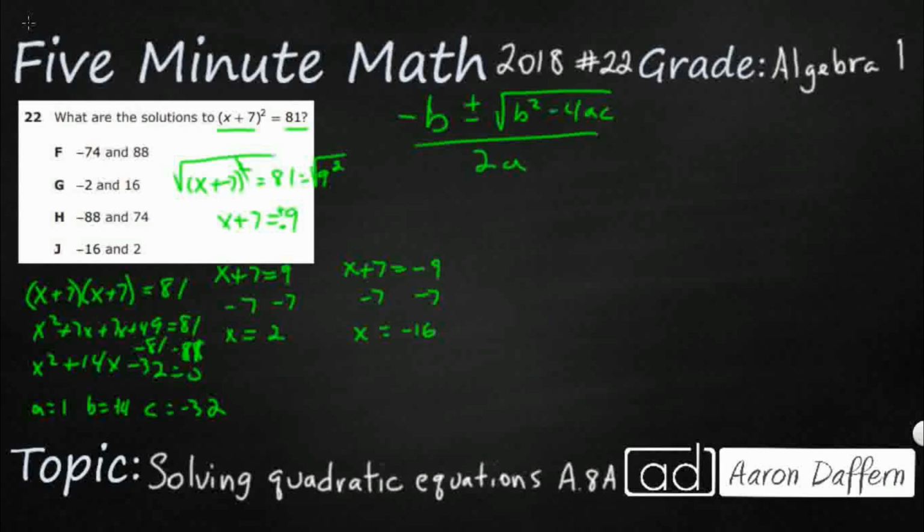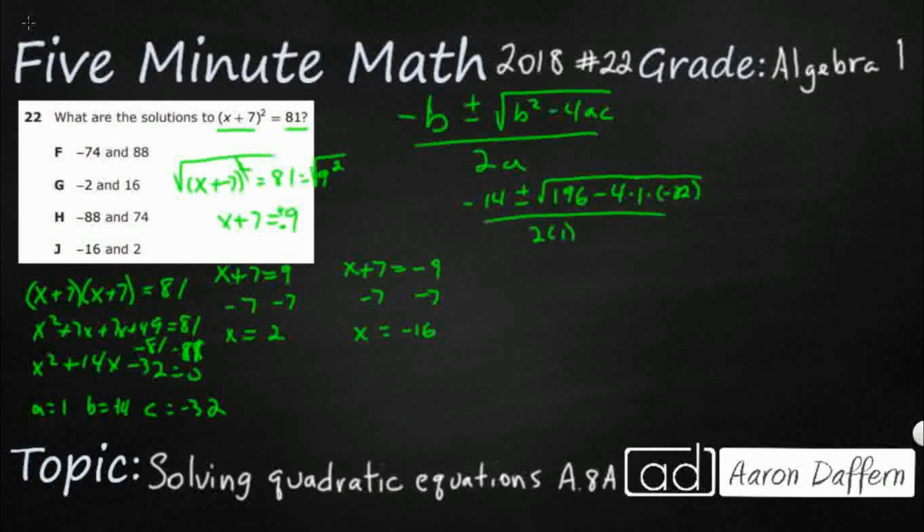So negative B is going to be negative 14 plus or minus, what is 14 squared? 196, minus 4. A is 1. And then C is negative 32. So that's going to end up making that a positive up there. And then over 2A, so that's just going to be 2 times 1.